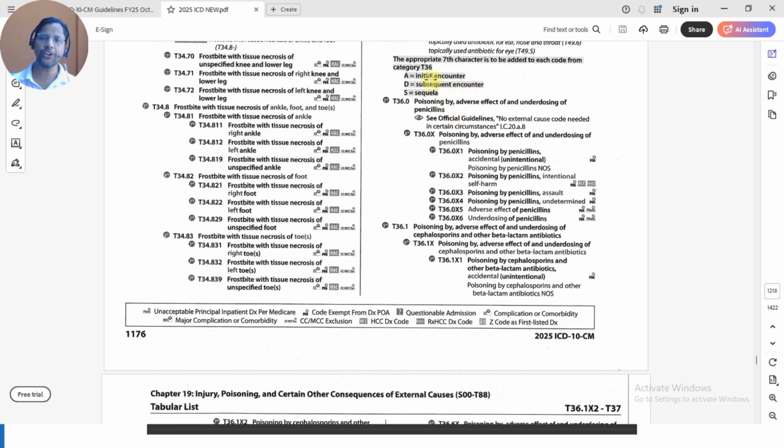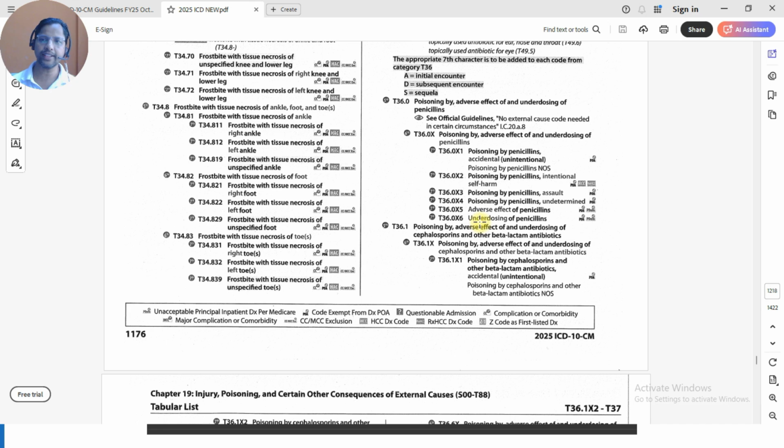If you don't know about initial encounter, subsequent encounter and sequela, please mention it in the comment section of this video. I will create one more video related to initial encounter, subsequent encounter and sequela. For example, if the patient is coming to the hospital the first time due to poisoning, underdosing of penicillin, at that time you need to use this one. So what is underdosing here?